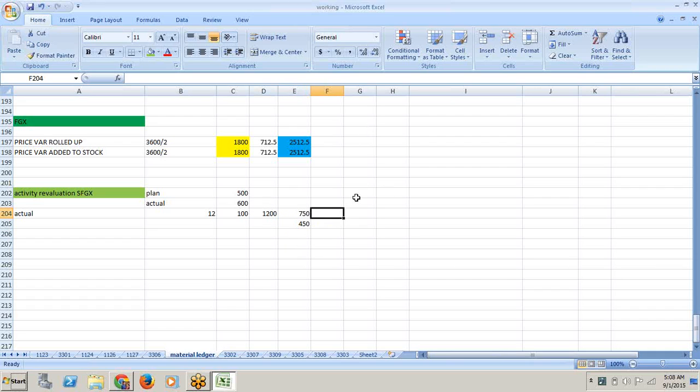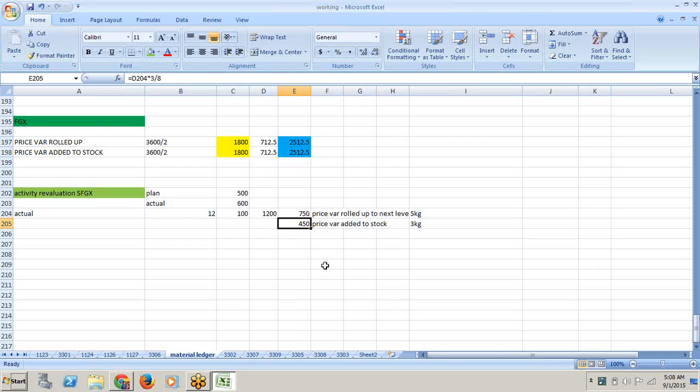This 750 will be rolled up to the next level as price variance, and this 450 is price variance added to stock, because we have used only 5 kgs in finished goods manufacturing and 3 kgs are still there as stock.